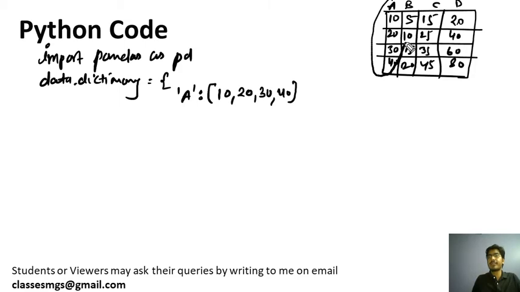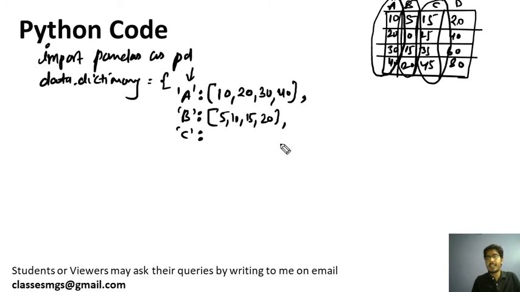How you will create this data frame, I already told you in the last practical, but I am telling you here also. The A column you will pick up as a key of the dictionary and its values as a list, then put a comma, then pick the second column and fetch all the values as a list: 5, 10, 15 and 20. Then put the third column, fetch all the values and write them in the dictionary: 15, 25, 35 and 45, like this. Then fetch the last column, D column, and put it here.